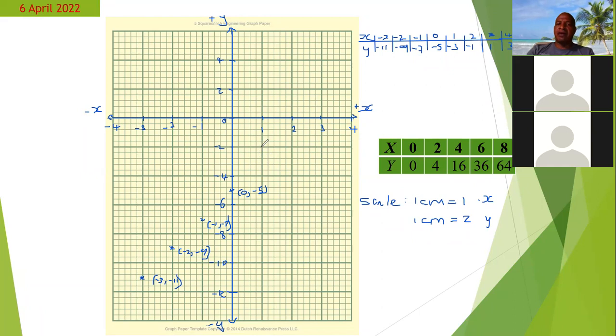So -3 falls between -2 and -4, which is the middle box between -2 and -4. So it's right here. So now you label that point, x equal 1, and y equal -3.